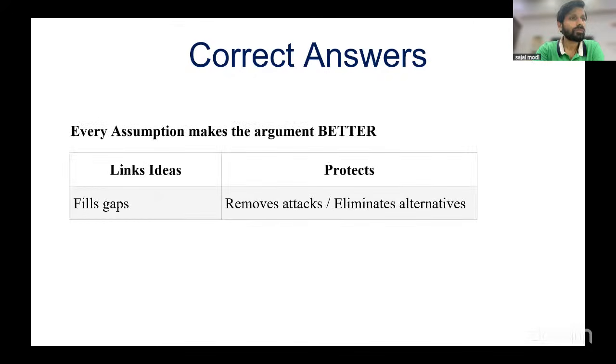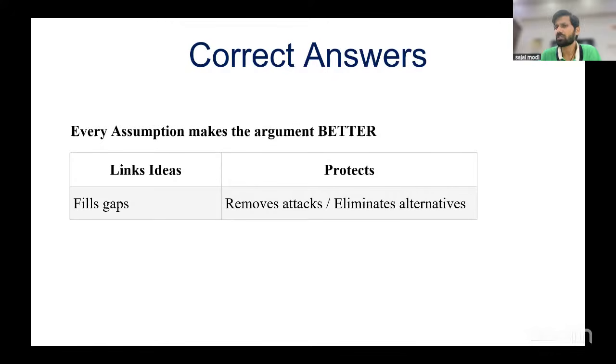So yeah, in any case, whether it is a linking assumption or a protecting assumption, they both are necessary for the argument, right? And they both make the argument better. What do I mean by that? For example, if I take any of the assumptions, the correct option, and make it part of the argument, it becomes a better argument than the original argument.